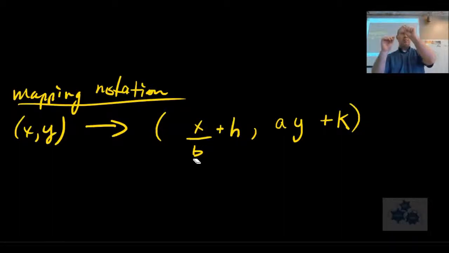Boom. That's the image x value. And then for the y value, you would multiply times a, and then you'd add k. Those two together would be the new point. Okay, so this is the mapping notation.